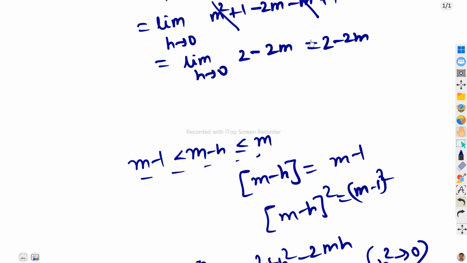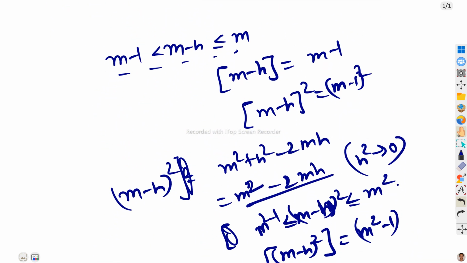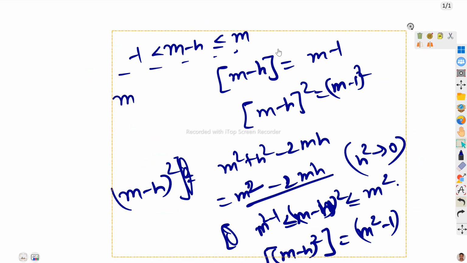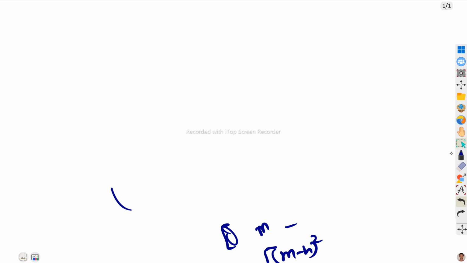Again, we are going to find the right hand limit at x equals m.